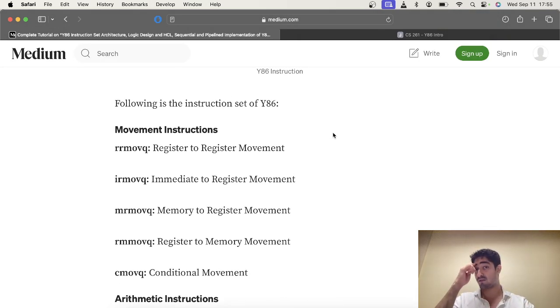Okay, so movement instructions. Following is the instruction set of Y86. So you can see movement. So we have register to register.